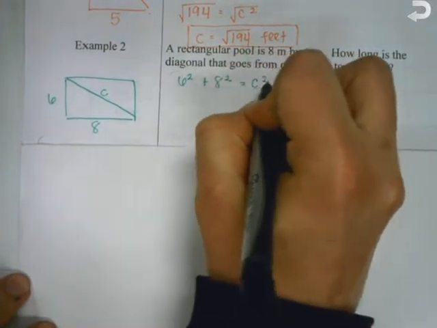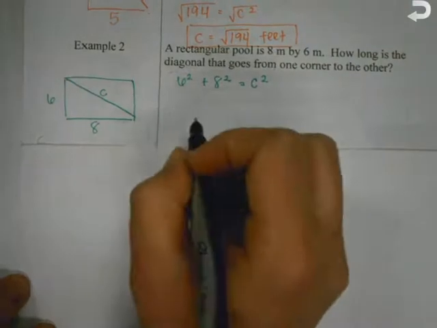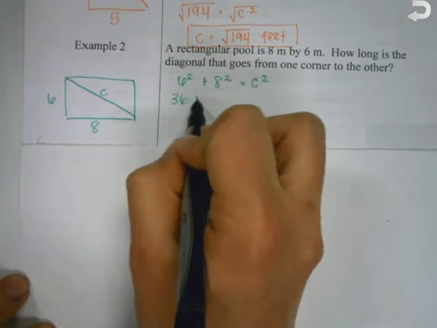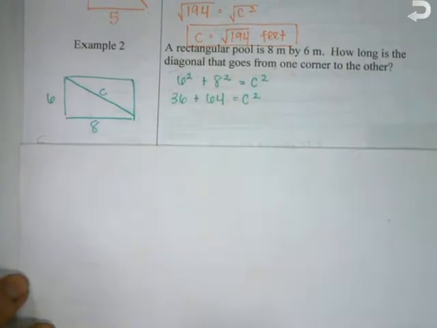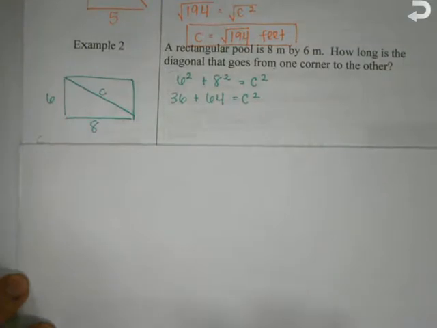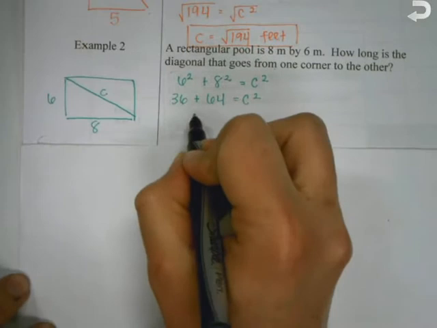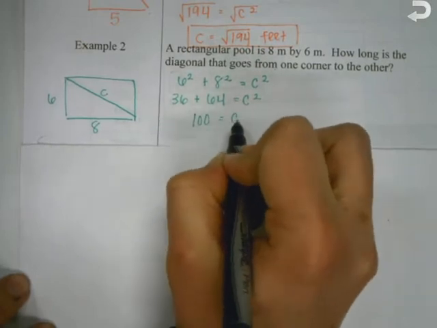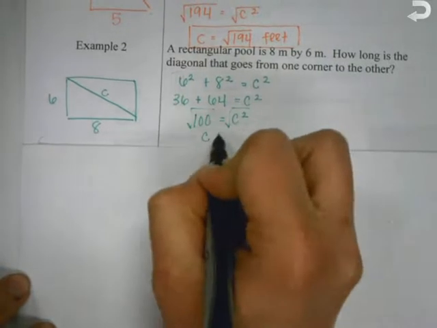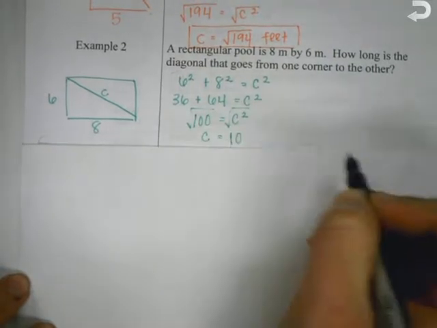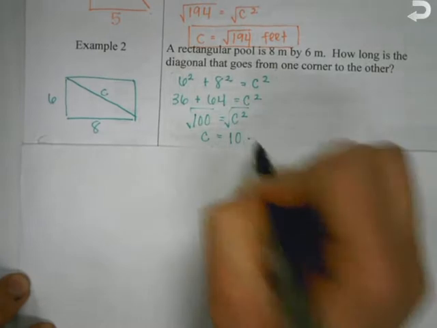What is 6 squared? 36. What is 8 squared? 64 equals C squared. What does that give you? 100 equals C squared. Square root both sides, so C equals 10 what? Meters.